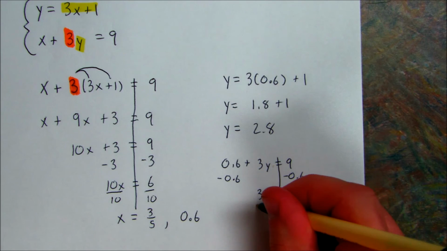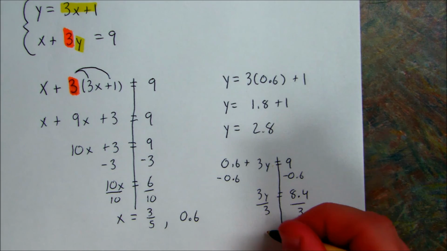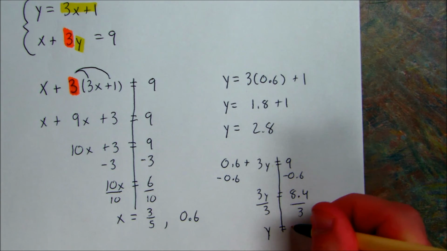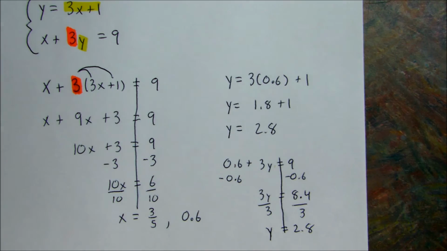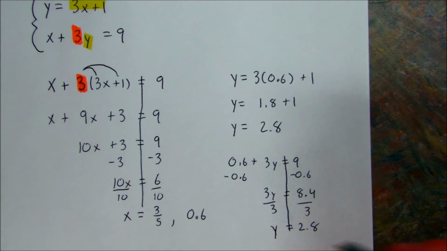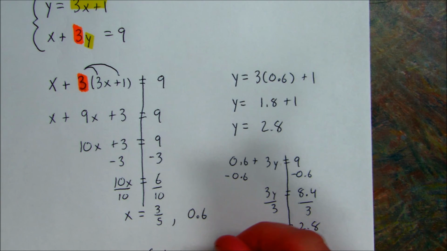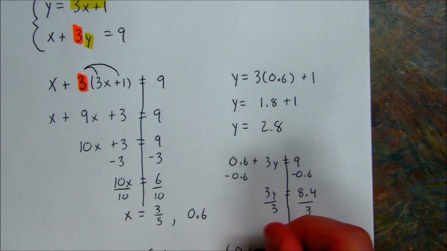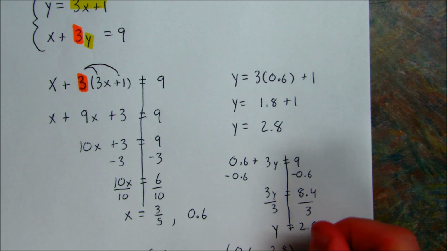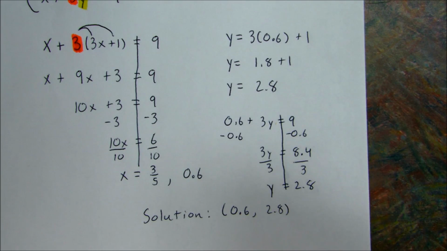Divide by 3. And again, it comes out to be 2.8. So my solution to this system is the point (0.6, 2.8). And that's a brief tutorial on how to solve a system using substitution.